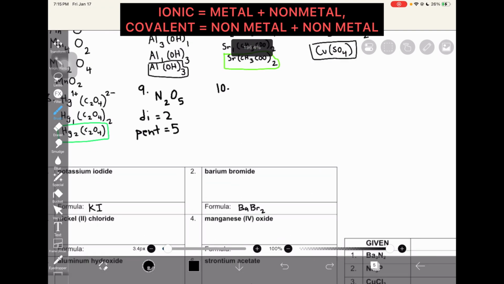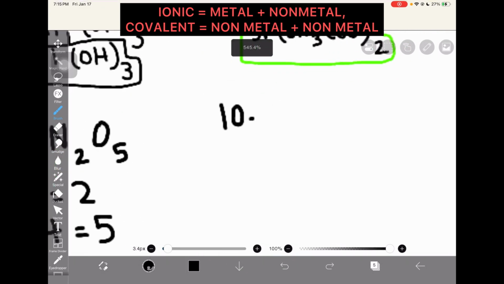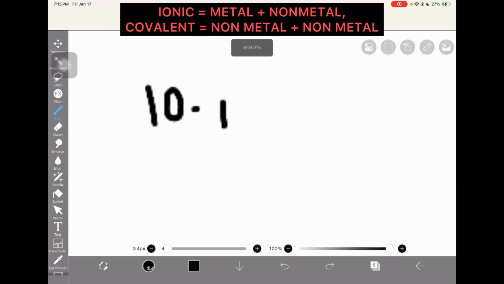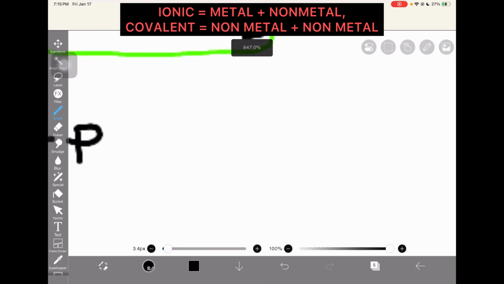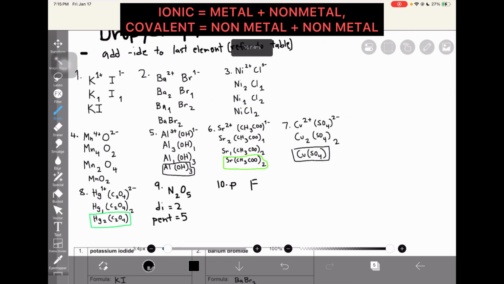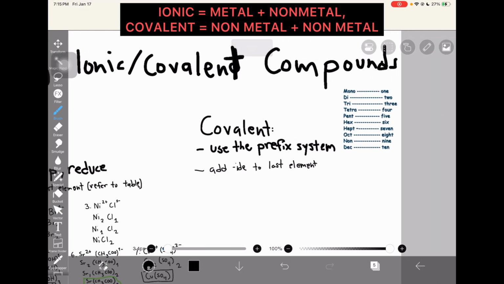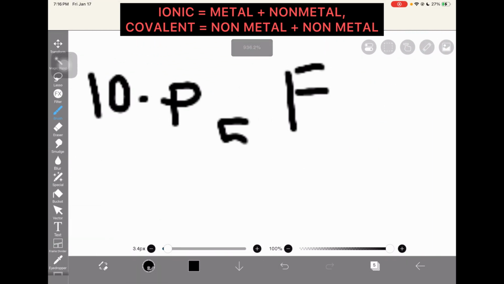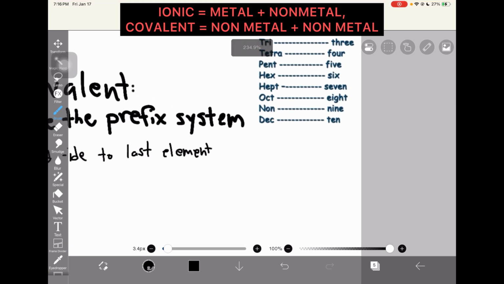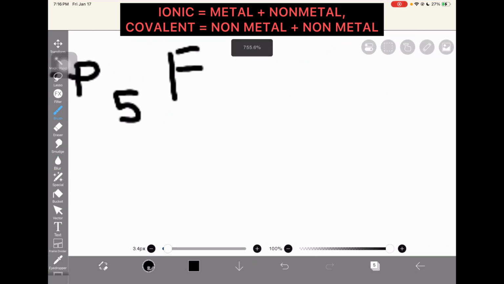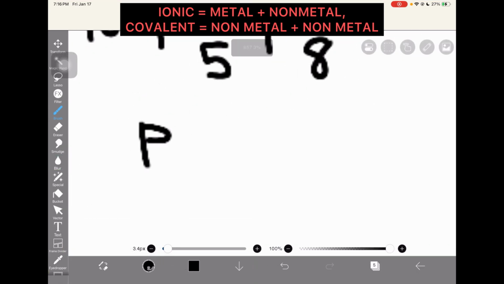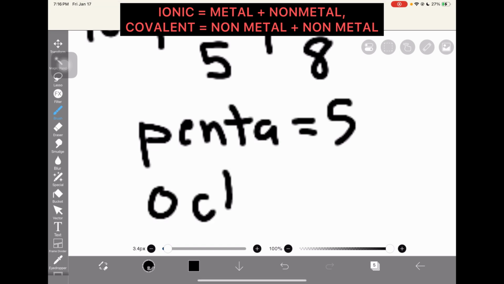So therefore, we can just put P and then a fluoride. So penta means 5, pent 5. And octa or oct just means 8. So we just put that. Penta is 5, oct equals 8.